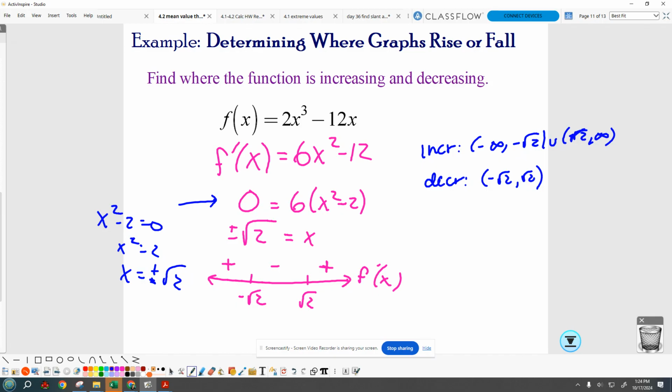It's not just a mental health thing. Eventually, you might have 2 number lines, one for the first derivative and one for the second derivative, and you need to know what you're testing.